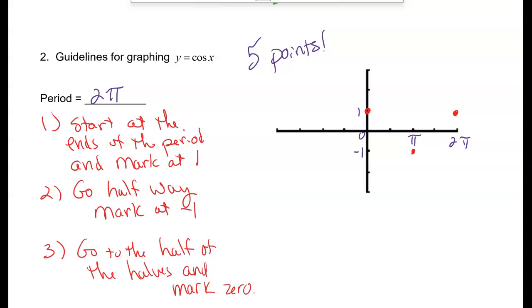So half of the halves again, from 0 to pi. Oh, I'm going to be crossing the x-axis at pi over 2. And then my other second half, I'm sure I can put that here. Cool thing, it works either way. I'm still at my 0.